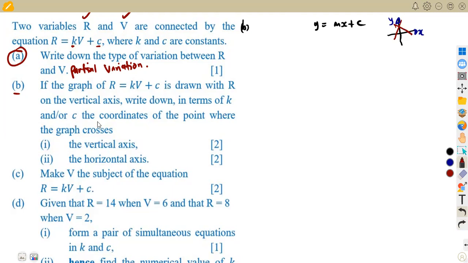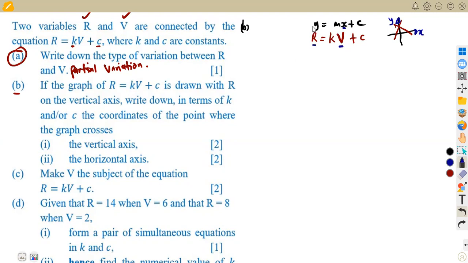But as long as this is drawn on the graph, we know that y is equal to mx. We are going to have r in this case. We are given r is equal to kv, whereby k is a constant and v is a variable, plus c. So here, v is the same concept as x.